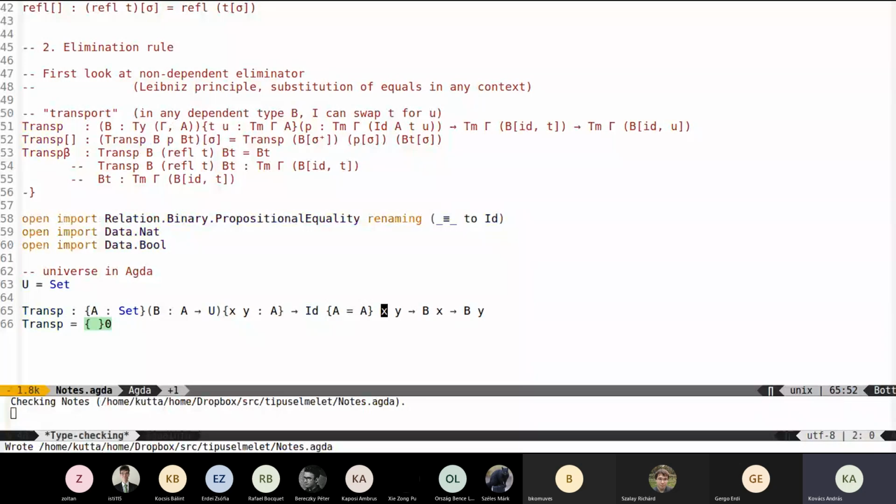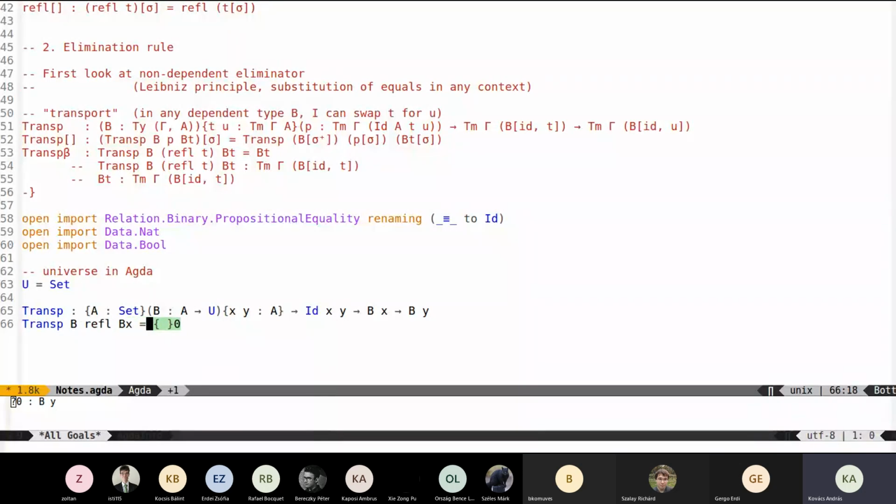I could redefine ID, but I think now it's going to be fine if I only write A. Okay, so if we have B and P and B of X, and this definition, you don't have to look at it. This is basically just a definition in Agda, but this is not strictly speaking related to our discussion. So let's just say that this transport is some primitive operation.